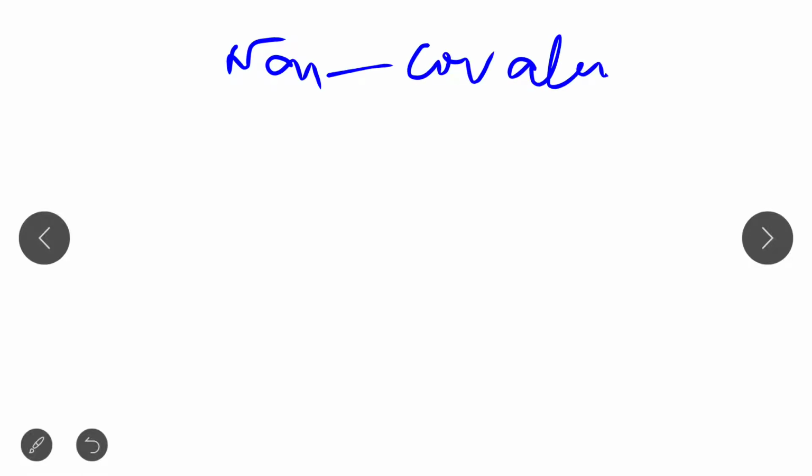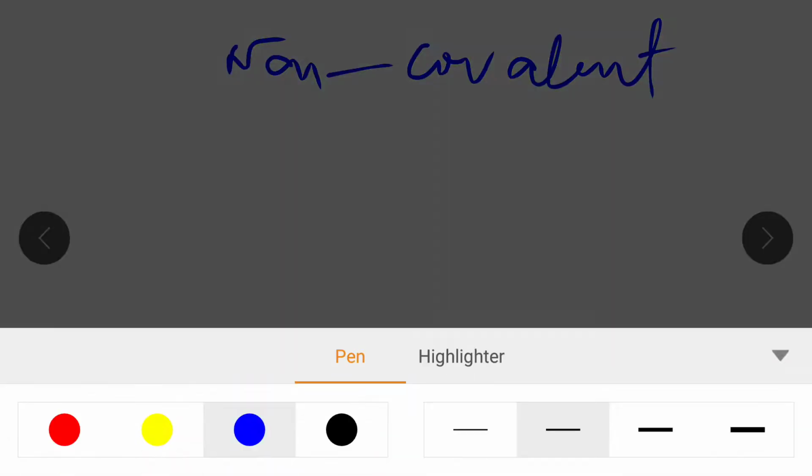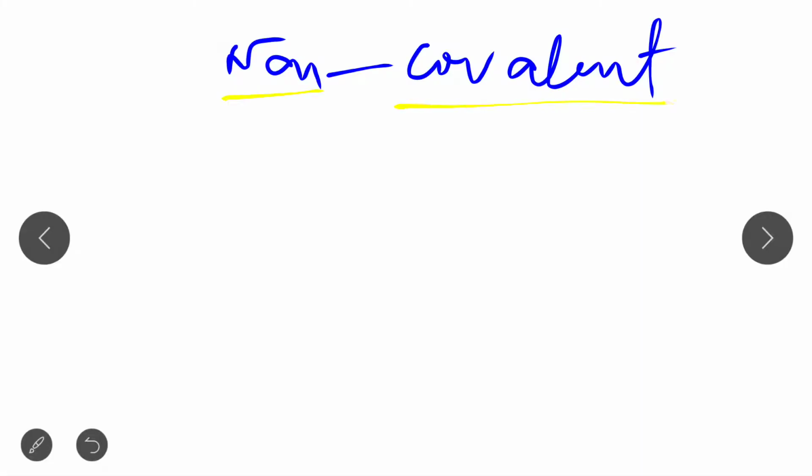First I will give you some concepts about non-covalent interaction, then we will look at the PPT. First of all, I just want to mention that non-covalent interaction is present in every molecule. For example, in protein, you can see it in the alpha helix and beta sheet, which are the secondary structure of protein. Whether you observe the tertiary or the quaternary structure, all these structures of protein are mainly formed through non-covalent interaction.